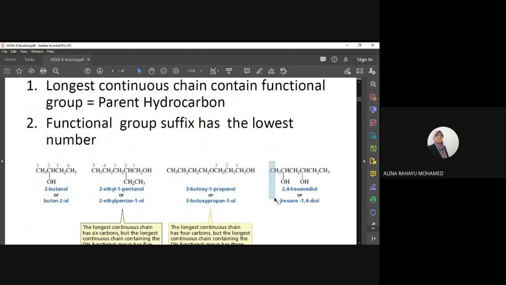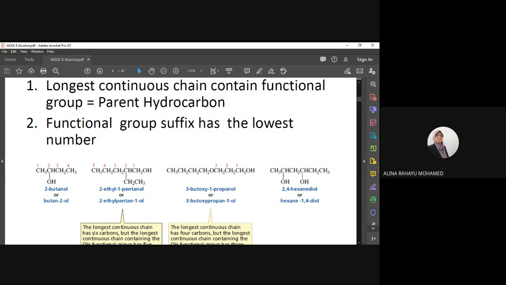How do we apply the longest continuous chain containing the functional group? When we count the number of carbons, we have to count the chain with the functional group. So let's begin with this one. We have 2,4-hexanediol.